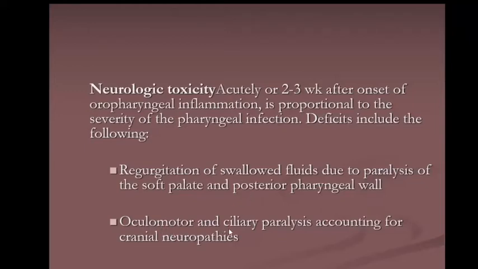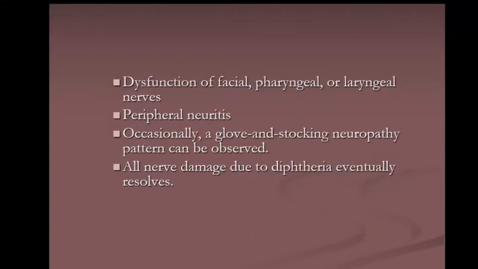Then oculomotor or ciliary paralysis, so cranial neuropathy. Paralysis of the soft palate, pharynx, then cranial neuropathy can also be there in the neurological toxicity. Then dysfunction of the facial, pharyngeal or laryngeal nerves may also be there.